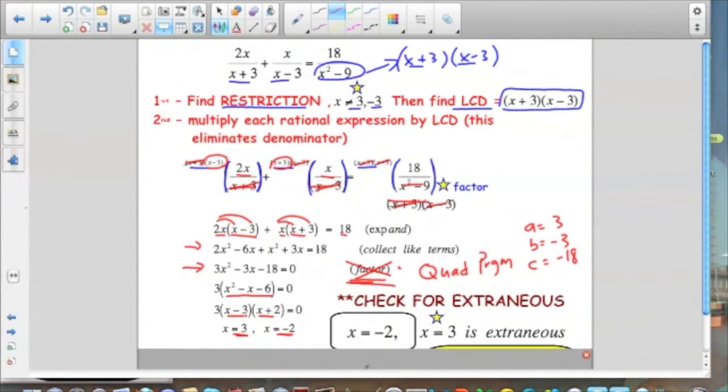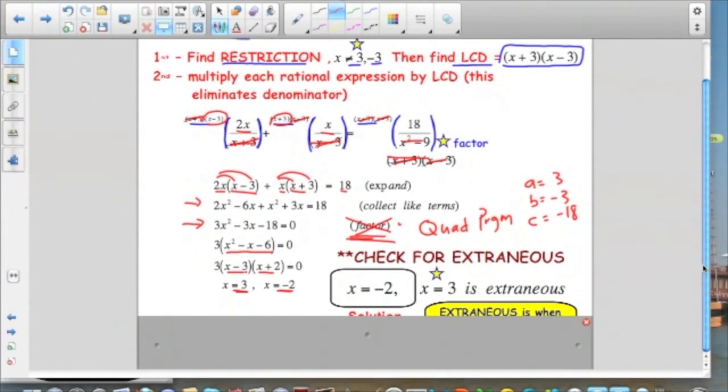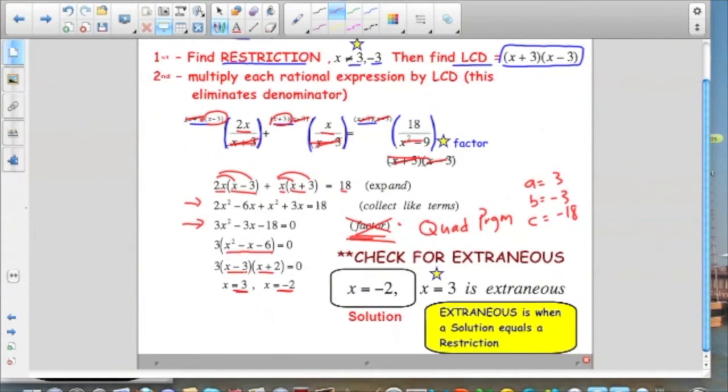Now here it's time to check. Before you say final answer and move on, you have to check for solutions. Remember, we looked up here and saw the restrictions, so we knew that x could not equal -3 and x could not equal +3. Here's a case where we did our algebra and got a solution of 3.